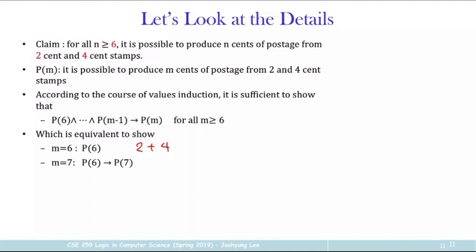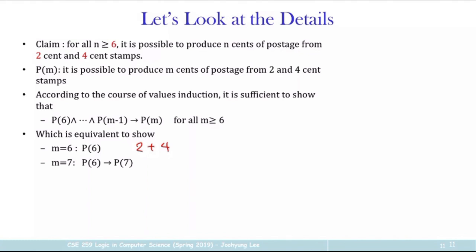This time, you can use the induction hypothesis for P of 6, which means in English, it is possible to produce 6-cent postage using 2-cent and 4-cent stamps. From this, can you create 7-cent postage? Knowing that you can create 6-cent postage, does that help you to show that 7-cent postage can be made? Does not work. Somebody asked the question, why n minus 3?